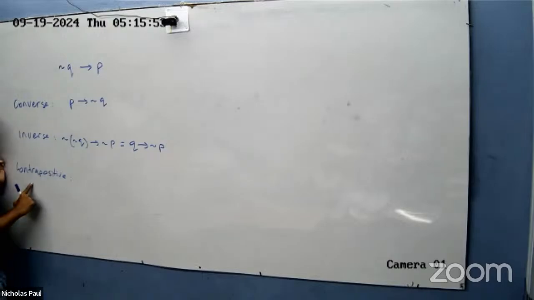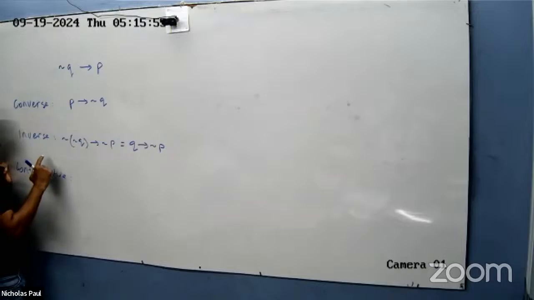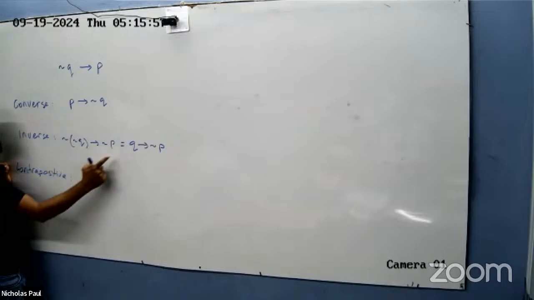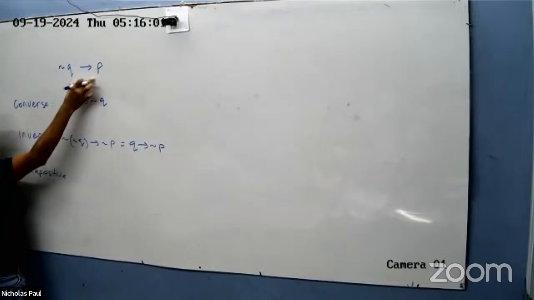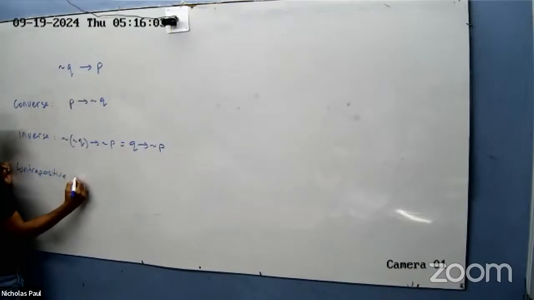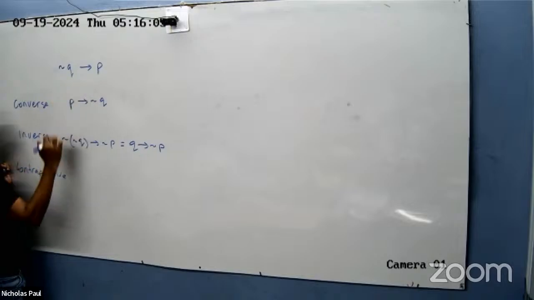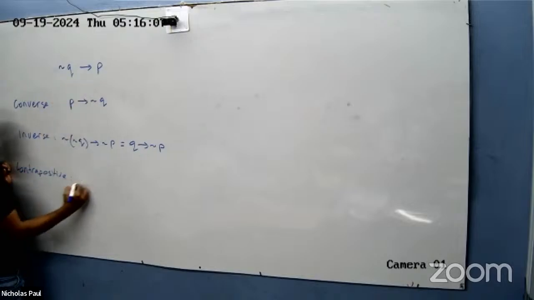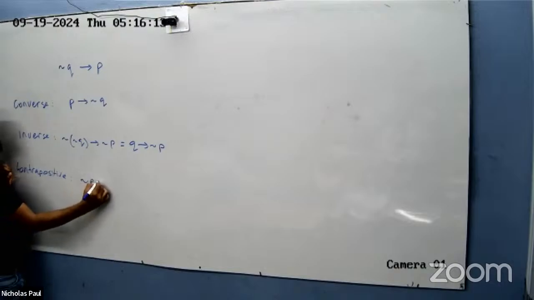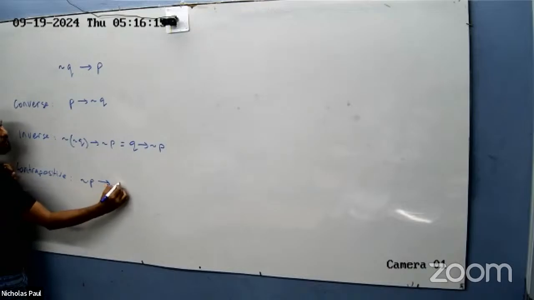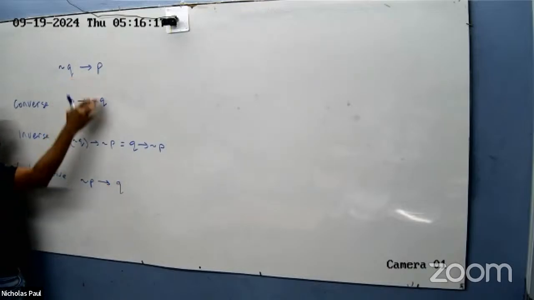Yeah. Contrapositive is the, take the inverse and, sorry, switch them around and negate them, right? So we'll end up with what? What we get for the contrapositive again? Negation of P implies, right? Switch them around and then negate them.